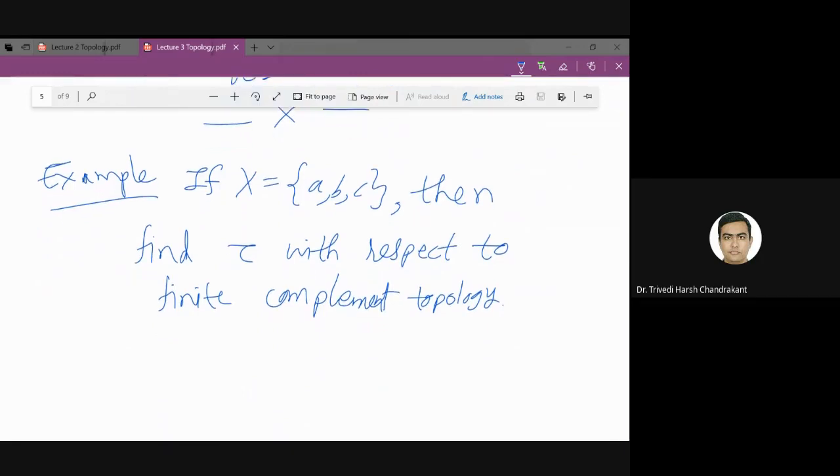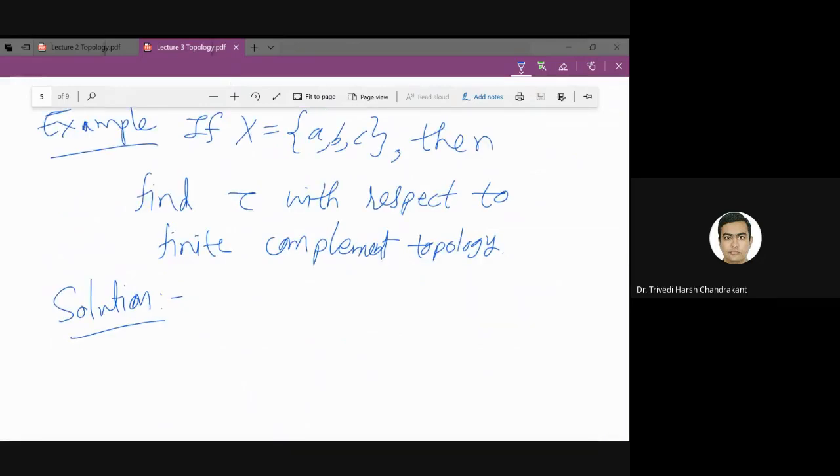So I'm given this set X and I'm going to define tau, which we consider in the cofinite topology. That means, as in the previous example, let us just write down the definition of tau.